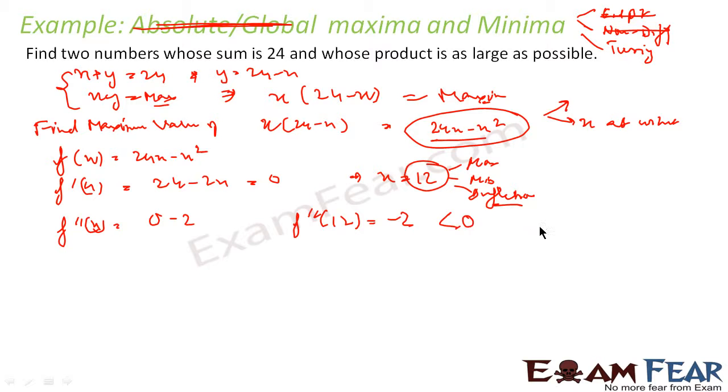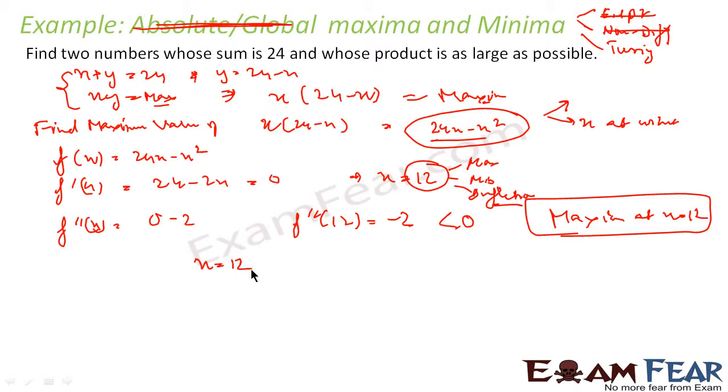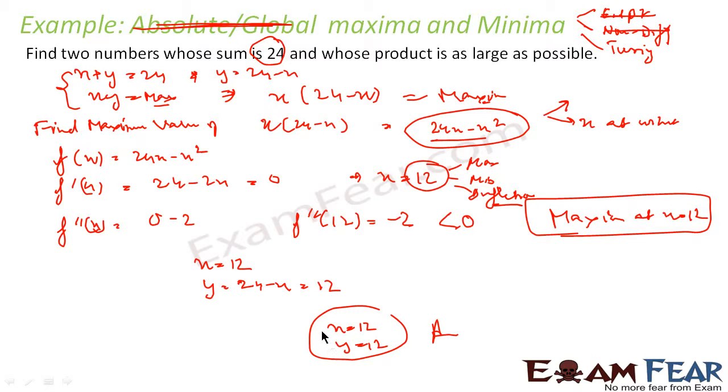Since it is less than 0, I can say that at x is equal to 12 this function attains the maximum value. So x is equal to 12, and y is 24 minus x, which is 12. So x is equal to 12 and y is equal to 12 is my answer. If you see, x plus y is equal to 24 here and x into y is equal to 144.